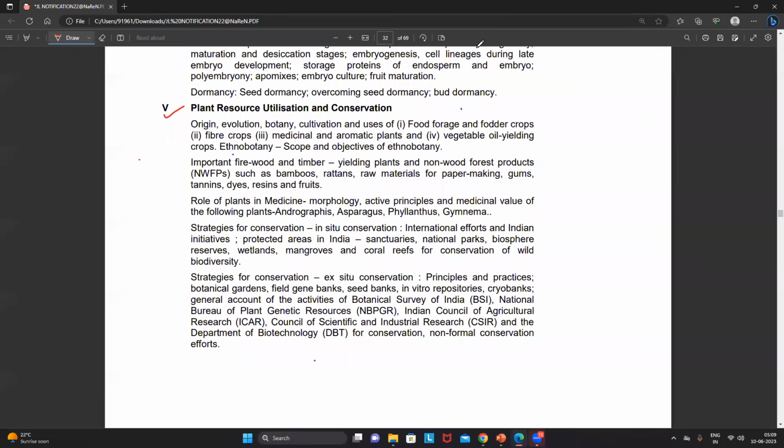From unit 5, how many marks can we expect in the JL or the DL? Minimum 10 and maximum 15 questions we can expect from this unit 5. And remember everyone, among all the 10 units, unit 5 is one of the units where you have to remember the maximum amount of information.